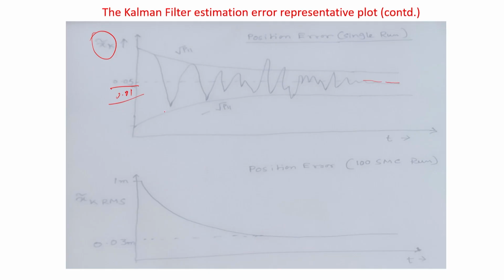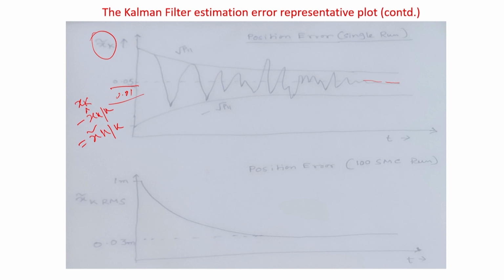And this is your estimation error, x_k minus x̂_k|k, which I denote as x̃_k|k. This is the position error, and the same goes for the velocity error. Once you do this, you can clearly see that it is converging. If it is converging, your Kalman filter is working fine.